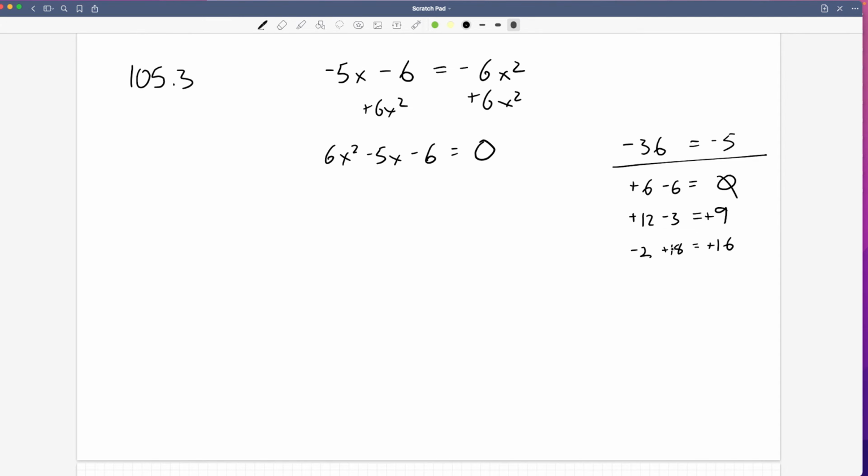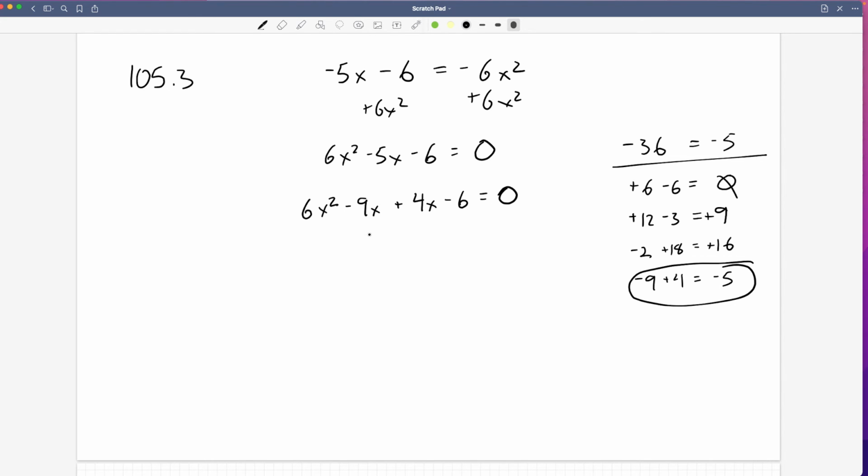That's not it. Let's see, what else do we have? Oh, we have negative 9 and positive 4, which gives us a negative 5. So that's it. This is the one we want. So we have 6x squared minus 9x plus 4x minus 6 equals 0.